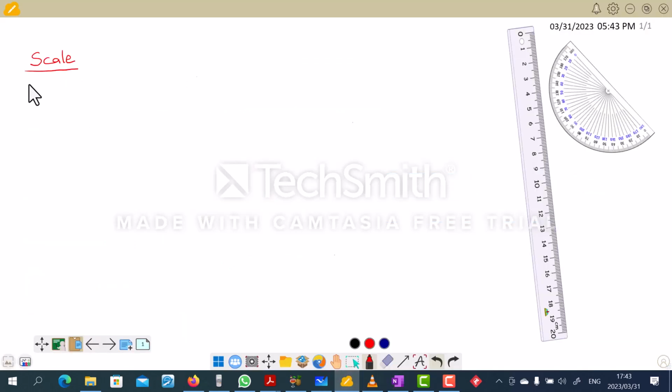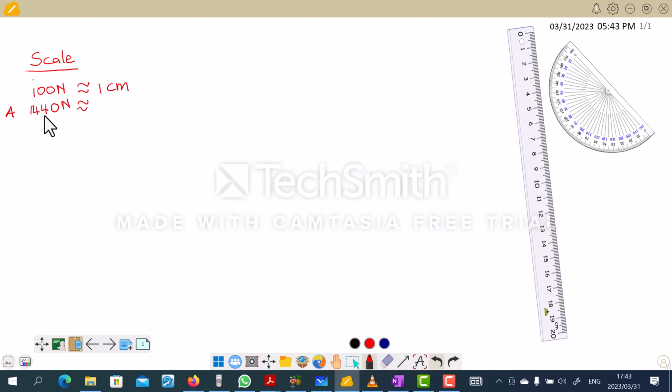Let's say 100 Newton must be equivalent to 1 centimeter, because we want to scale down our newtons. So if vector A is 1440 Newton, in terms of centimeters, what will be the value of vector A?